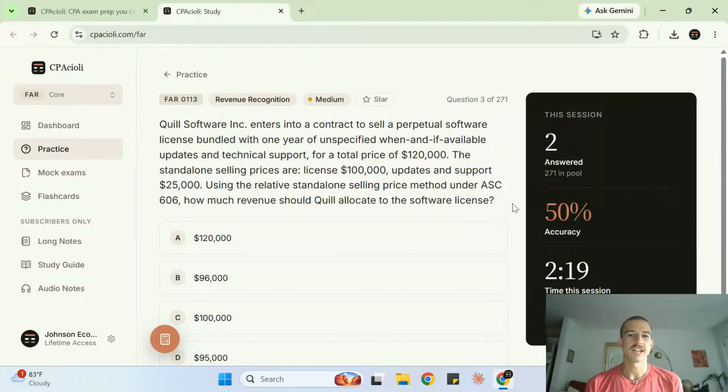Quill Software Inc. enters into a contract to sell a perpetual software license bundle with 1 year of unspecified when-and-if-available updates and technical support for a total price of $120. Using the relative standalone selling price method, how much revenue should Quill allocate to the software license?